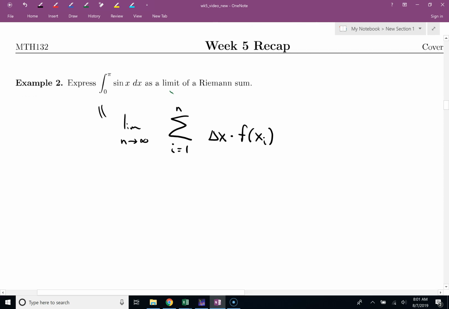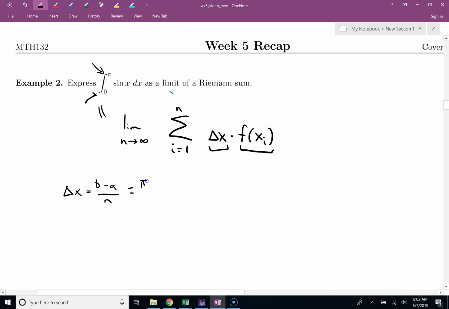In order to do this, I'm going to need to know what is my delta x and what is this thing f of x sub i. So let's start with delta x. Remember, we have this formula: b minus a over n. In this case, I know my a value and I know my b value.